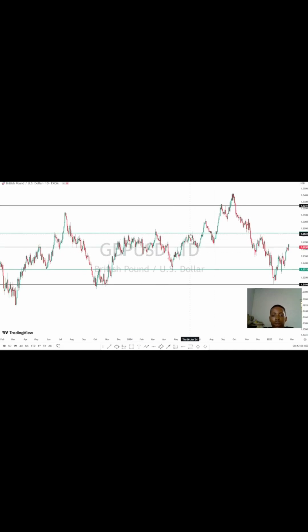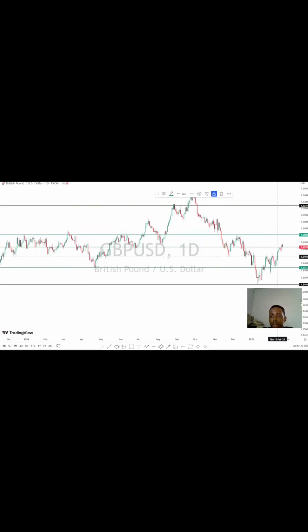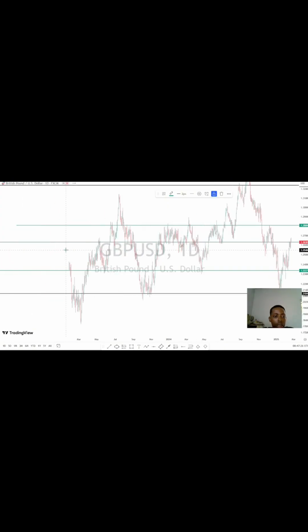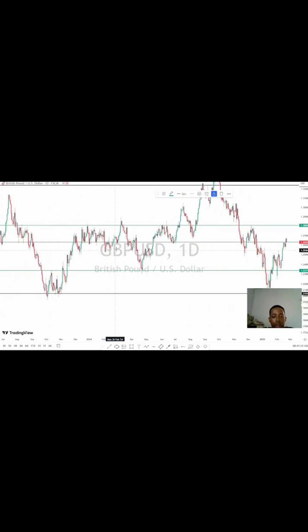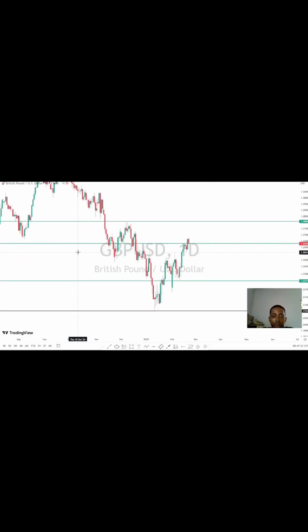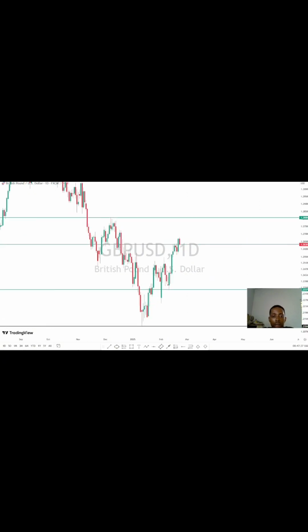So I have to readjust this level. I think it's far from our initial high that is here. So this one remains here, and I can see, okay guys, I can see a kind of little high.